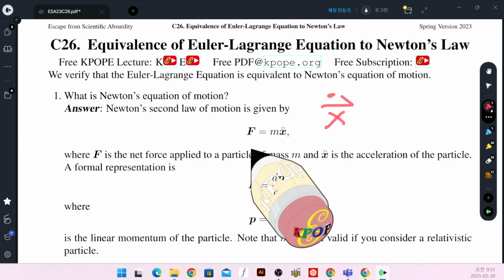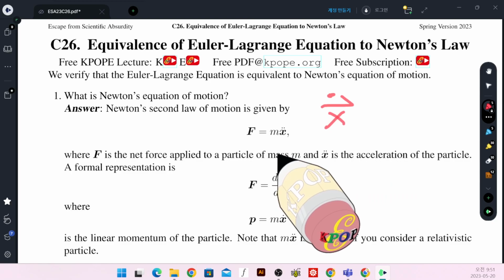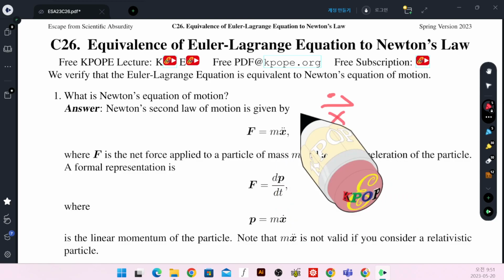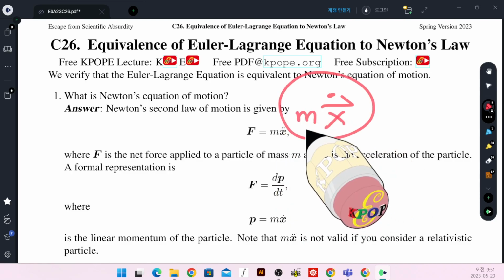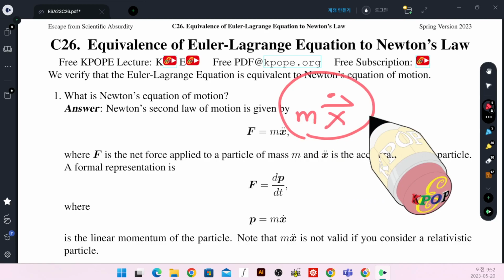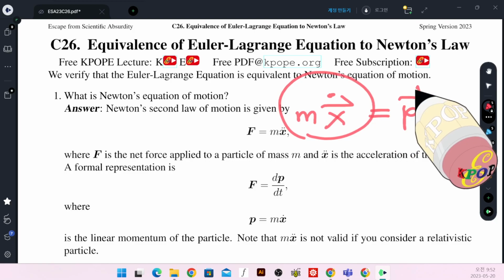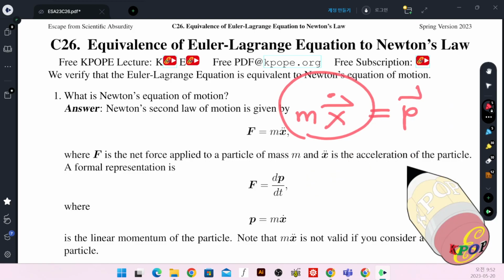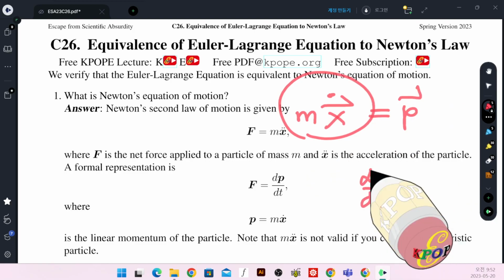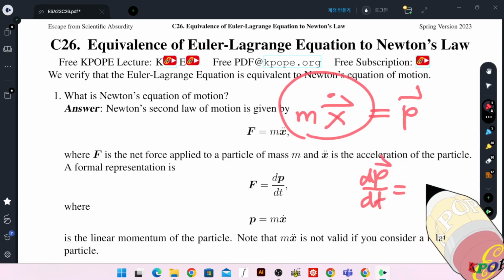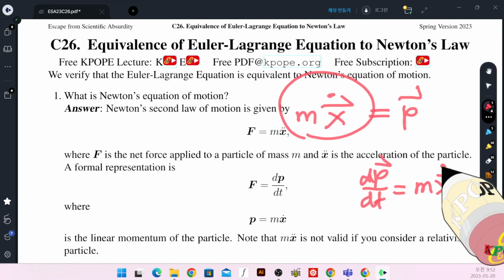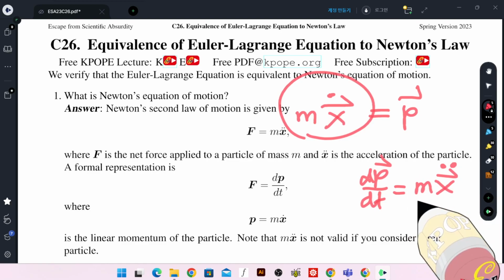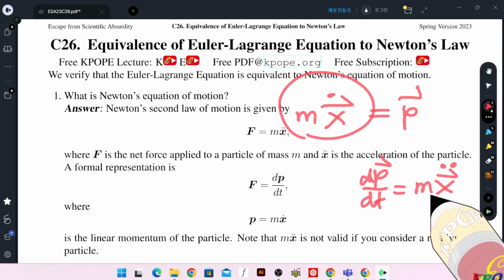Newton's second law can be expressed in terms of linear momentum. We say this is a linear momentum, mass times velocity. The time derivative of linear momentum is m x double dot, as far as the mass is independent of time.